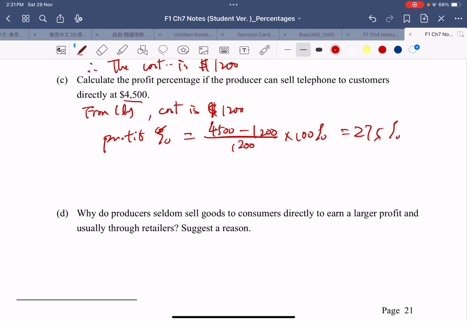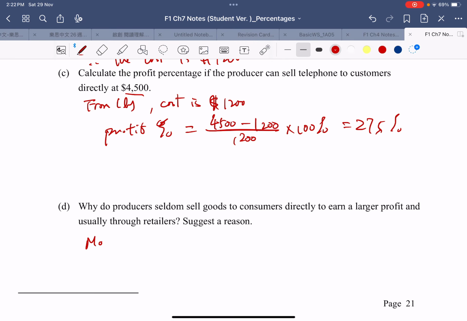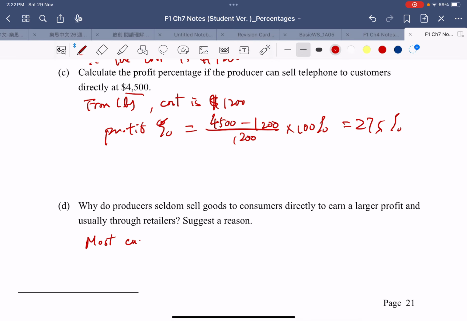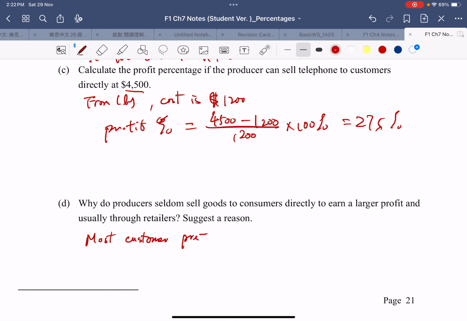And then why do producers seldom sell goods to customers directly to earn a large profit, and usually through retailers? Suggest a reason. Of course, most customers won't go to the production company to buy the goods, because it's more convenient to buy from the retailer.